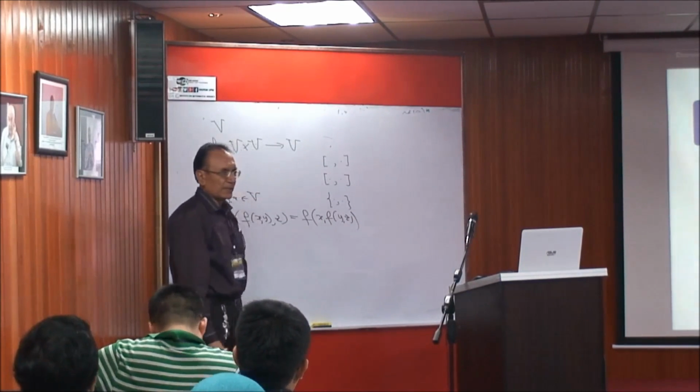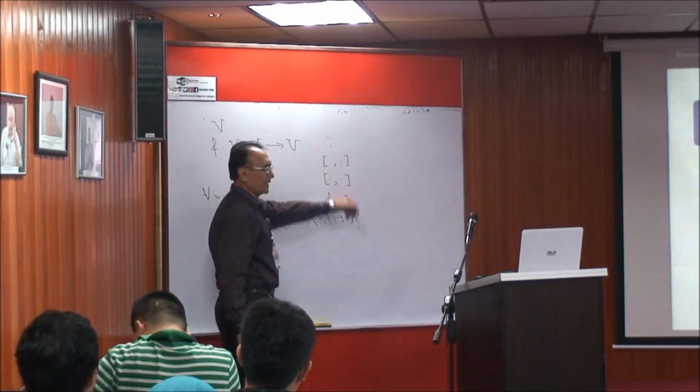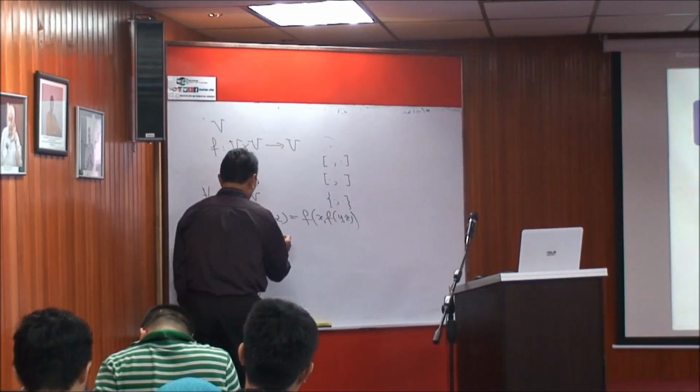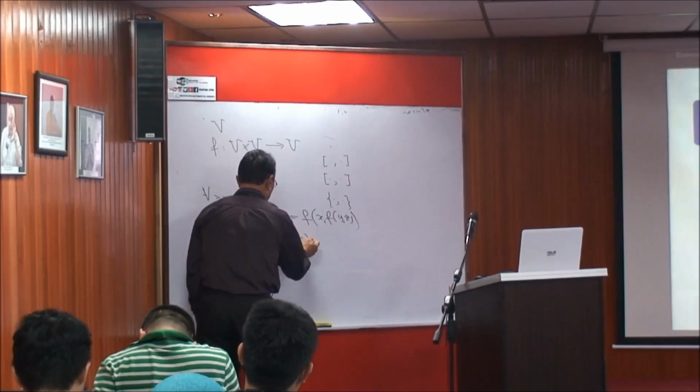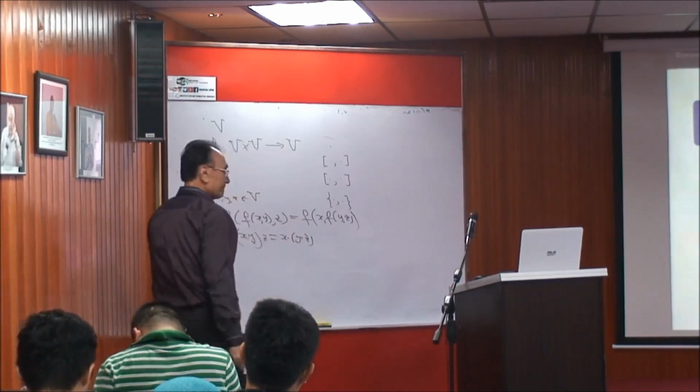This is associativity in terms of function f. If you write in terms of the dot, then you will get x, y times z equals x times y, z. This is an associativity condition.